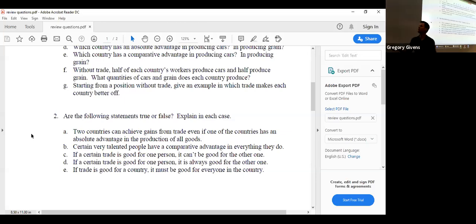Last one, if trade is good for a country overall, let's say, it must be good for everyone in the country. Would you agree or disagree with that statement? Sean? Why? Yeah, I think there's good reason to believe that having completely open and free exchange with every other country in the world, at least in the short run, could potentially harm individuals who are working in industries where the United States doesn't really enjoy a comparative advantage.